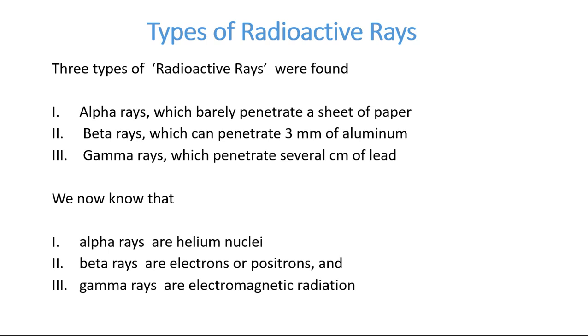The second one is beta rays, and in beta decay we can have three types: beta plus decay, beta minus decay, and electron capture. Beta rays are more penetrating than alpha rays, but less penetrating than gamma rays, and they can penetrate 3 millimeters of aluminum sheet.